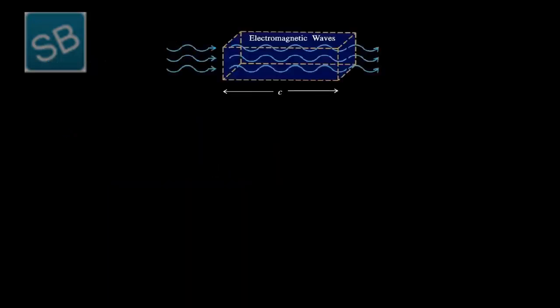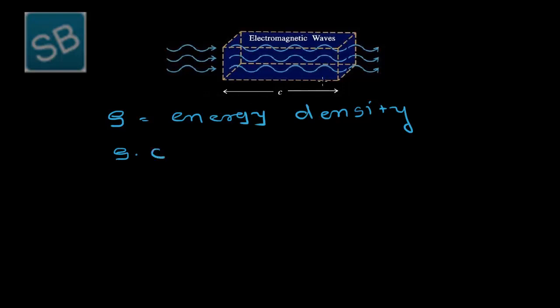If you look at this figure, the radiation energy is passing through a unit cross-sectional area in 1 second, which is confined within a volume of length equal to c. Now if rho is the energy density, then the energy in the above volume is rho into c, because c is the length of this uniform cross-sectional area.